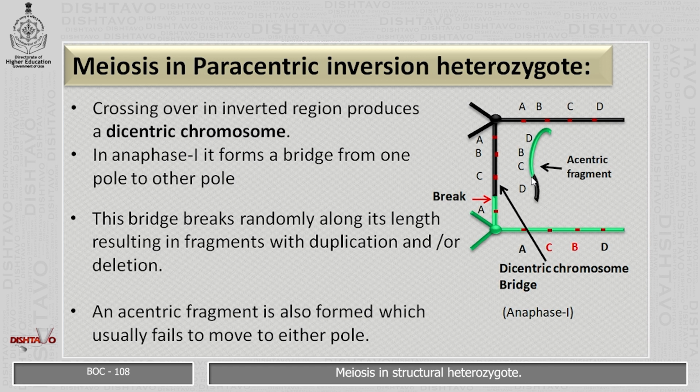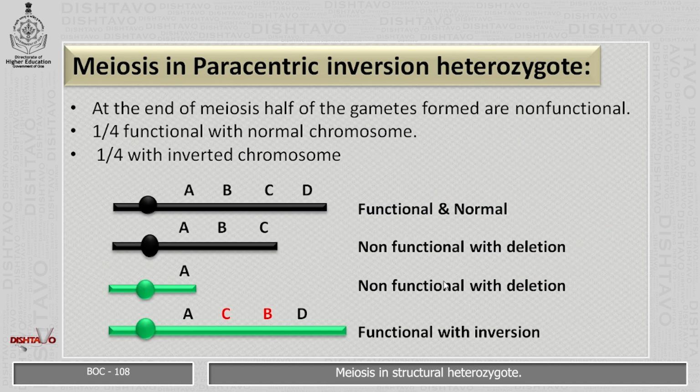An acentric fragment is also formed, which usually fails to move to either pole. At the end of meiosis, half of the gametes formed are non-functional, 1/4 functional with normal chromosome and 1/4 with inverted chromosome, as shown in the figure.